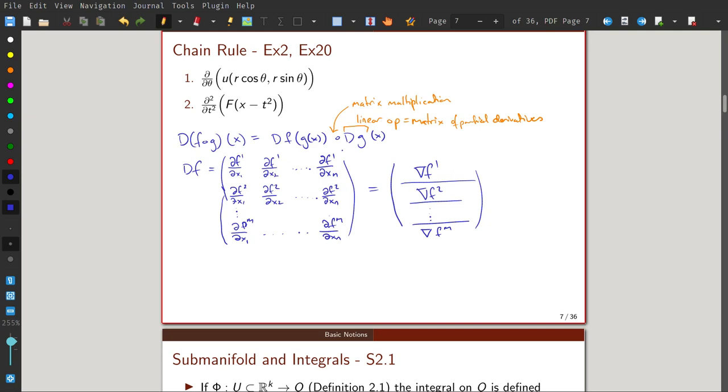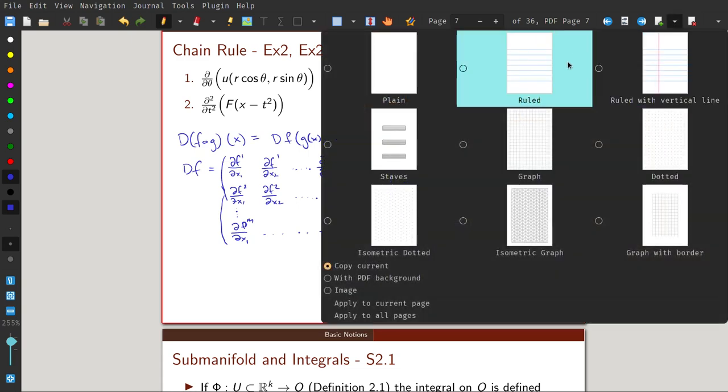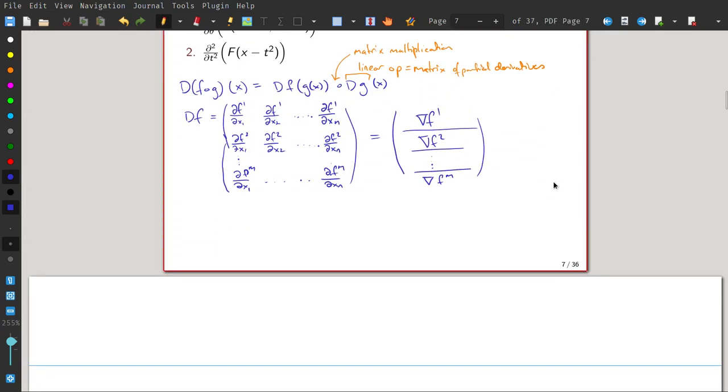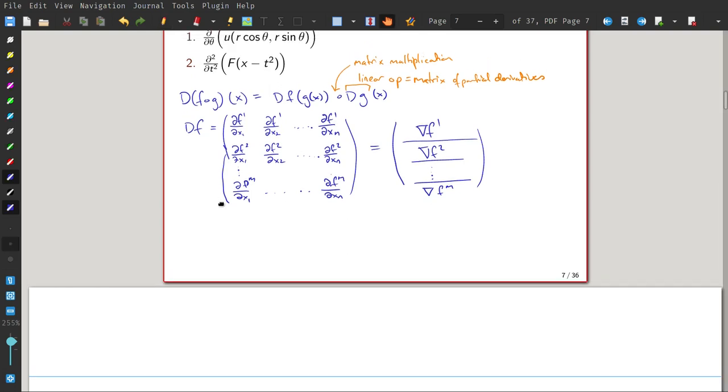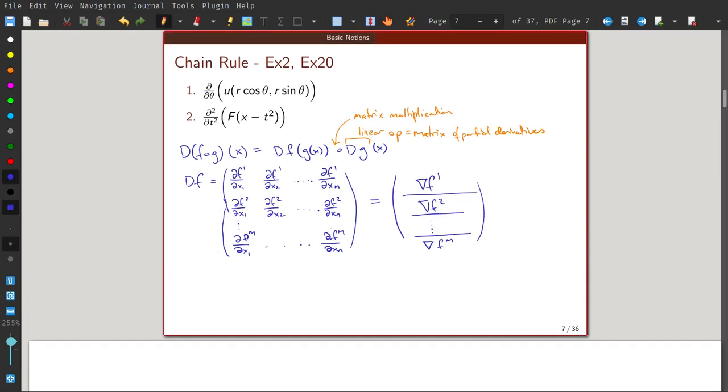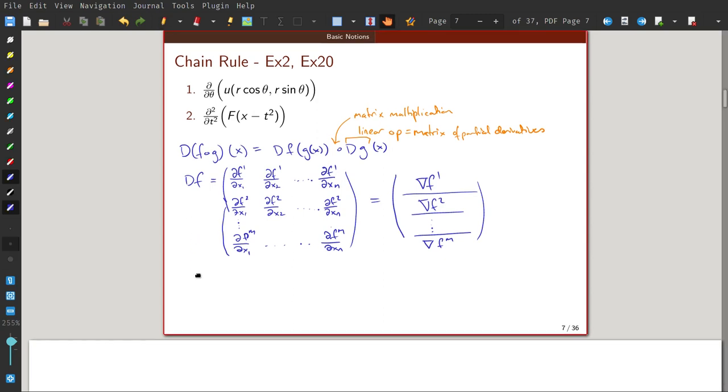But we can say something a little bit more about the typical case. So let's look at now here, this question 1. So we have u now being expressed in polar coordinates, and we want to take the theta derivative of that.